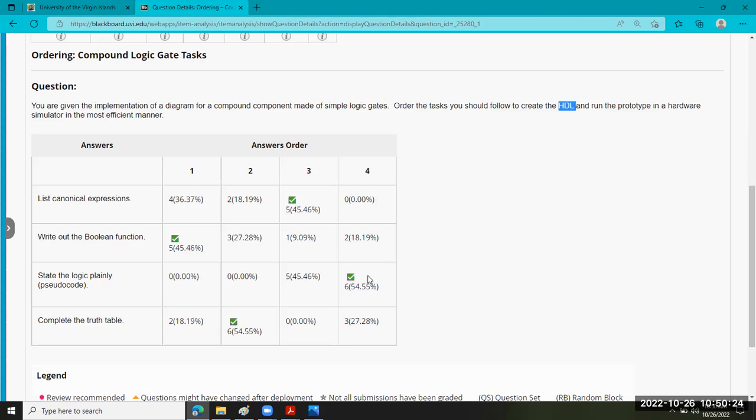A lot of times you're given a Boolean function, and you may be asked to create a diagram based on it. So you can be given a diagram and asked to create the Boolean function and everything else. In some cases, you're just given the Boolean function, you don't have a diagram, and you have to create one and go from there.